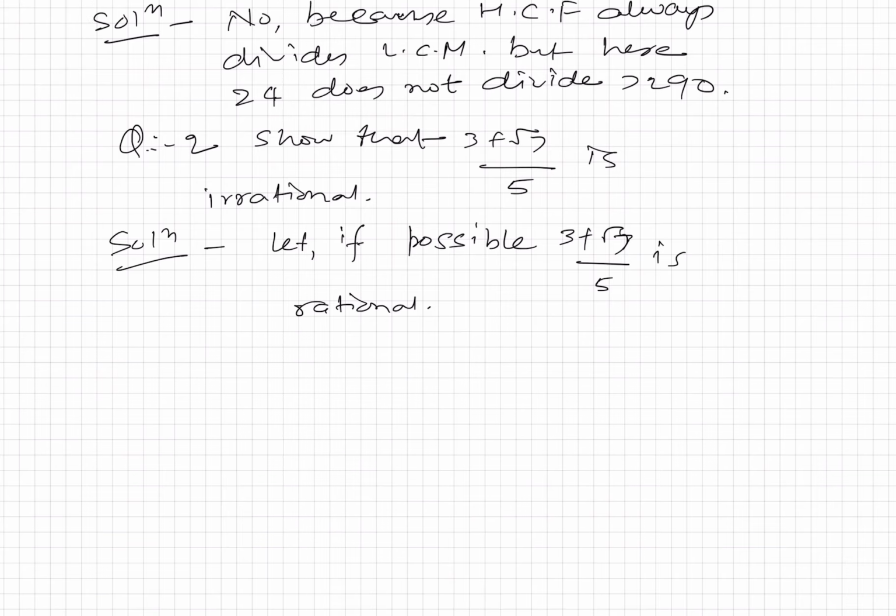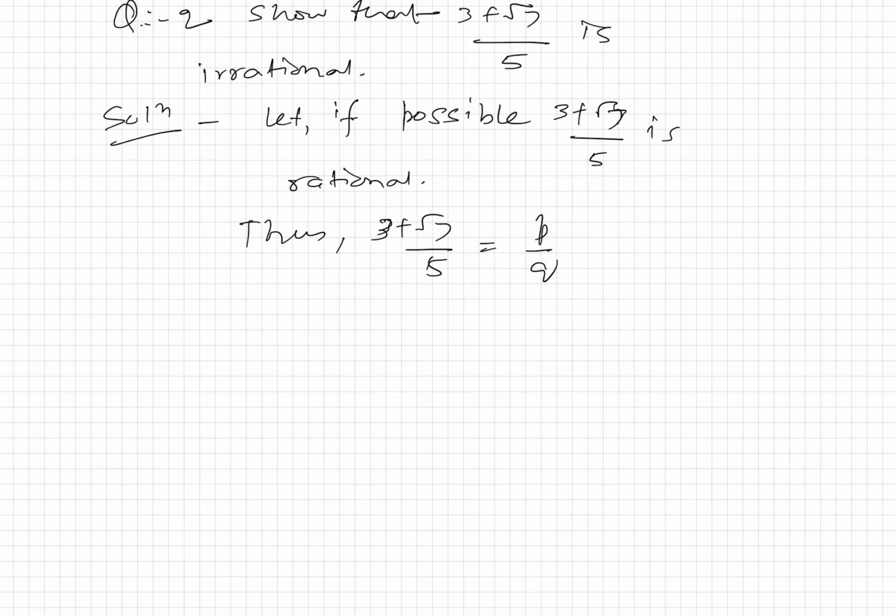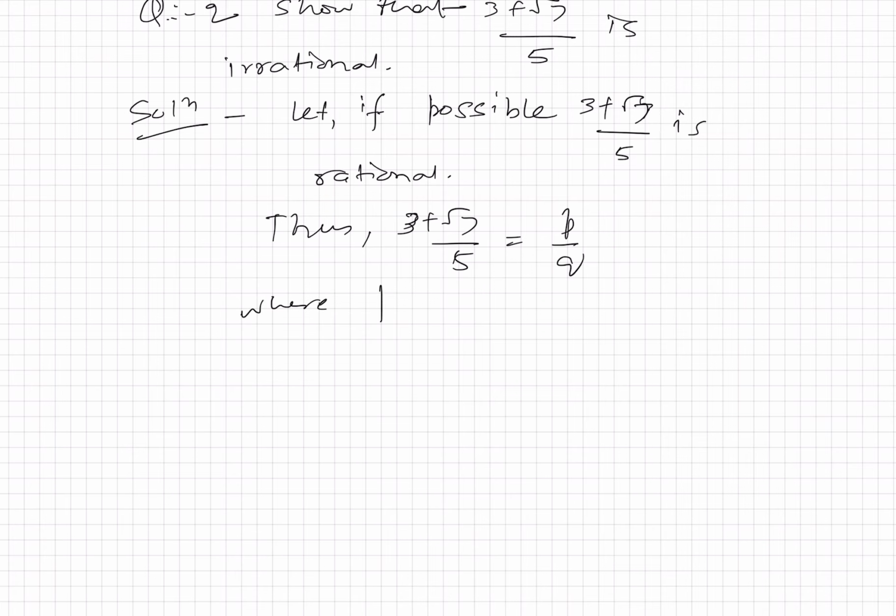Okay, thus we can write (3 plus root 7) by 5 is equal to P by Q, where P and Q are integers and Q not equal to 0.